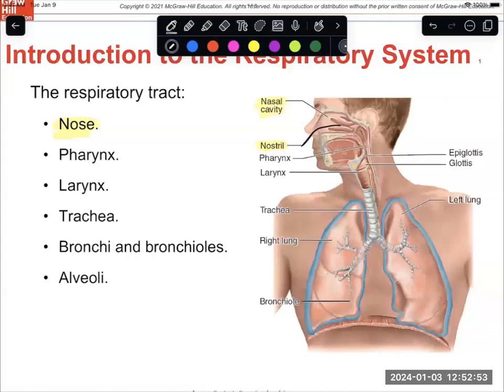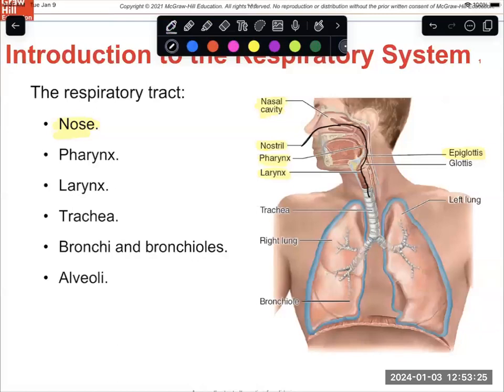It is going to travel down the trachea through that pharynx, larynx, which is where your voice box sits, past this epiglottis that covers that trachea when you're swallowing food and water to prevent food and water from going down into your lungs.